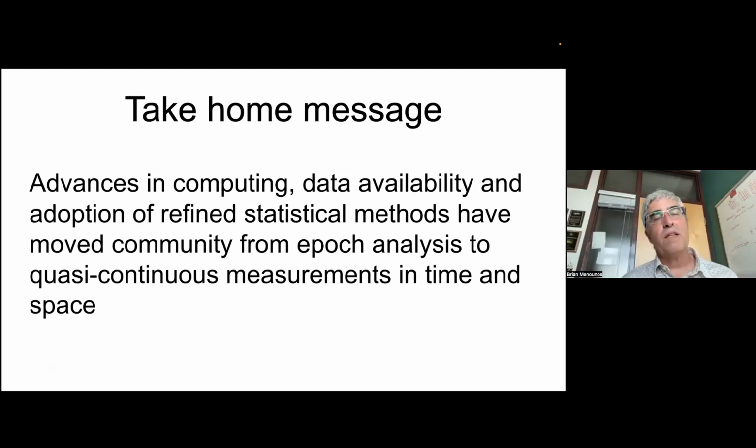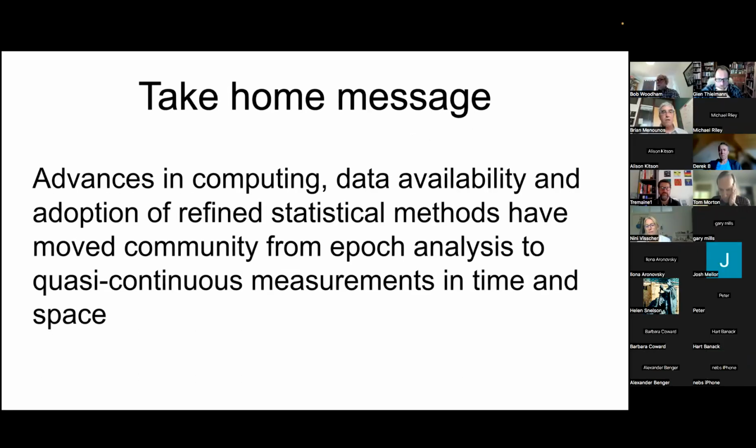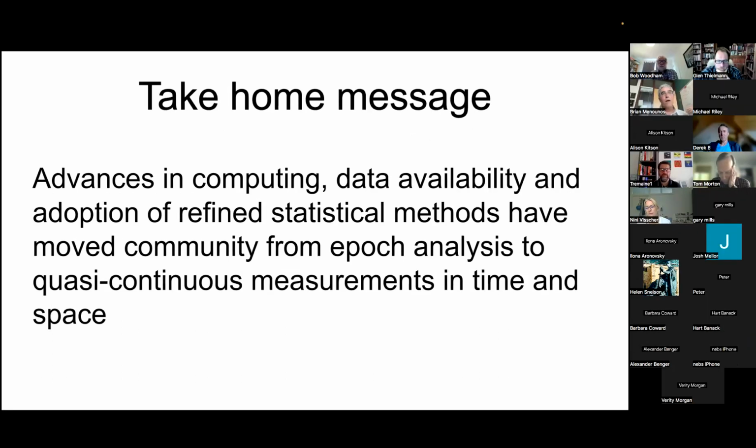It's now something I could teach my 14-year-old how to do with very small amounts of code, and he could analyze hundreds of scenes overnight. So we have really reached a point where data availability and computing is no longer a limitation.